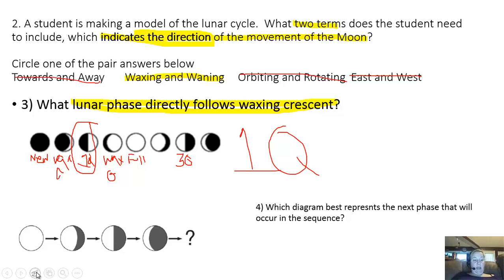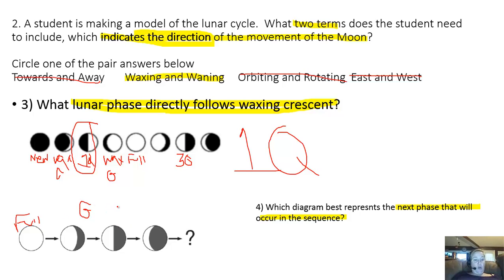All right, which diagram? Let me get my highlighter back out. Which diagram best represents the next phase that will occur in this sequence? So let me start labeling. I have a full moon here. And I know that a gibbous moon is always next to a full moon.